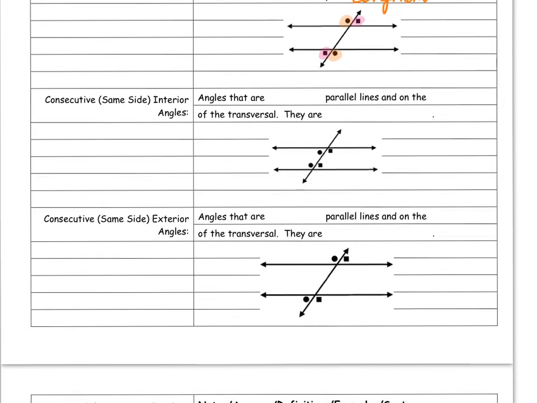Angles that are inside, because it's interior, the parallel lines on the same side of the transversal. And they are not congruent, they are supplementary.